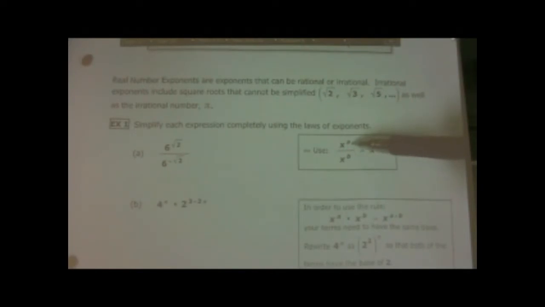Now, I have the same base here, okay? So here's the law that applies in this situation. X to the a over x to the b power is x to the a minus b power. We're going to apply that law here. You have square root of 2's as your exponent, but that's okay. We're just going to use the same law.